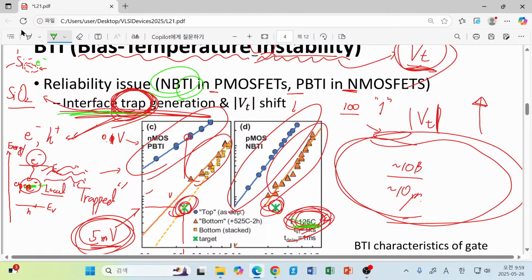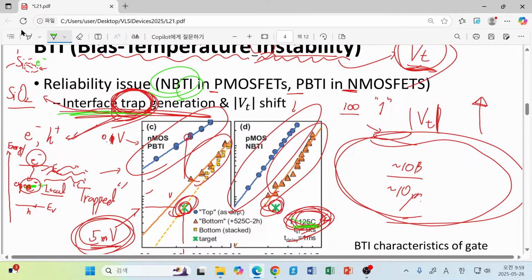And now we apply a high electric field. And atoms have ion cores, and they feel the field. Oh, I have sufficient energy, and there is a strong electric field.